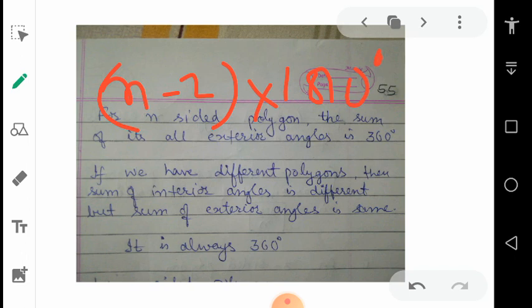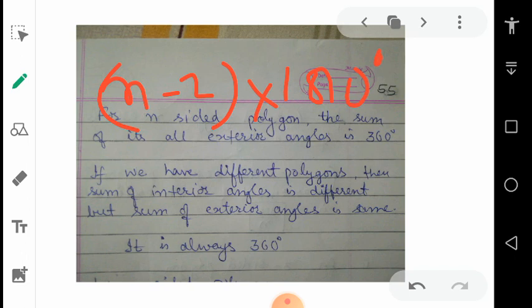Okay, we can say for a quadrilateral the sum of exterior angles is 360 degrees. For a pentagon it is 360 degrees. For a hexagon it is again 360 degrees. Even for a 100-sided polygon the sum of exterior angles is always 360 degrees, but the sum of interior angles will change.